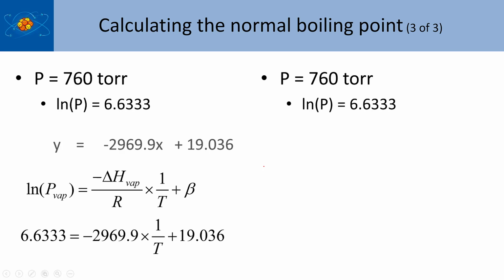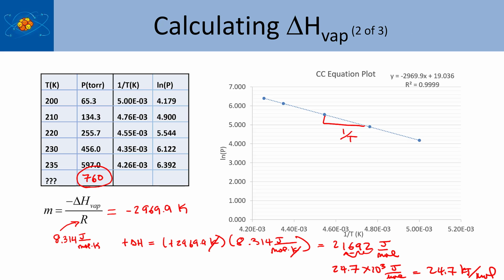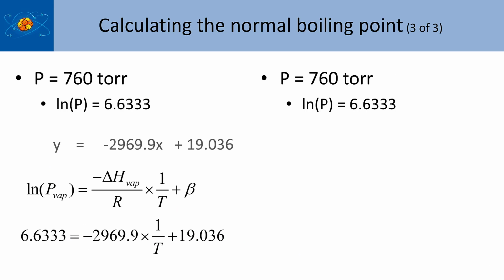All right, so this slide looks a little bit busy, but let me walk you through it. We're looking for the temperature when the pressure is 760 torr. Now this is the equation from the graph. So this is just this retyped without all the other stuff around it. And then this is the Clausius-Clapeyron equation. And then I wanted to line these things up for you. What you're looking for is pressure. When the pressure is 760 torr, the natural log of the pressure is 6.633.